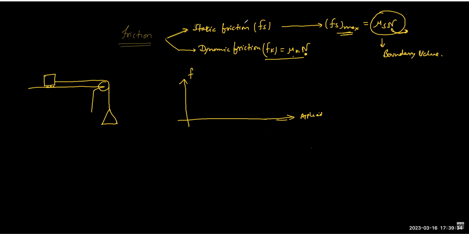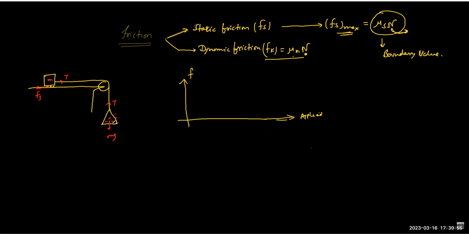And in this pan, you're pouring some sand particles. So as you pour the sand particles, the gravity will increase, and this will increase the tension. The T will try to pull the block, but the block is stopped by the friction. So this friction is static in the beginning.